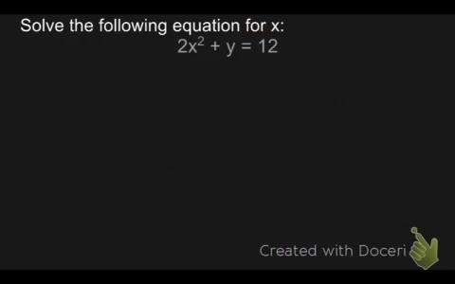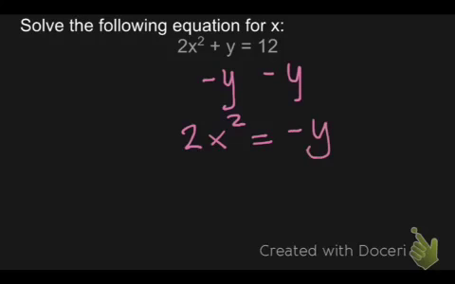Okay, ladies and gentlemen, here's your third example. So take a moment to jot down 2x squared plus y equals 12 into your notebook. You can see in this example again we are solving for x, so I'll first need to subtract y on both sides. And I will get 2x squared equals negative y plus 12.